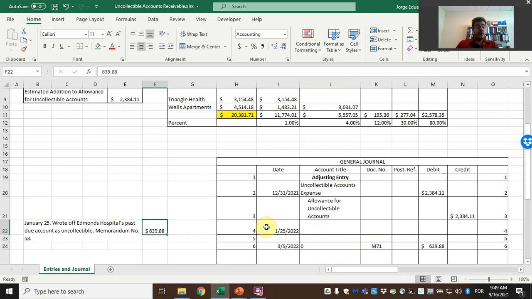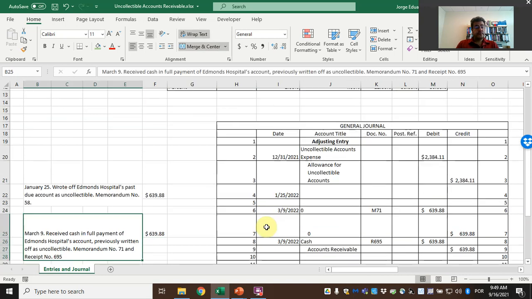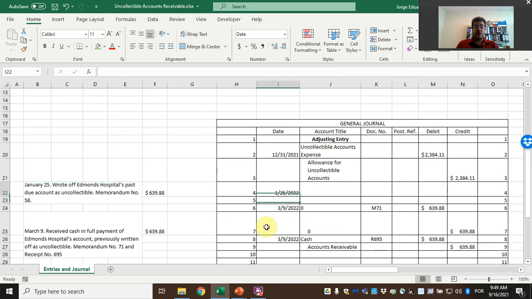So, what do we do? January 25th, we debit the allowance for uncollectible accounts. Because we don't need to record an expense, and this is the most common mistake, by the way. We don't record it as a new expense because our expense is based on an estimate.